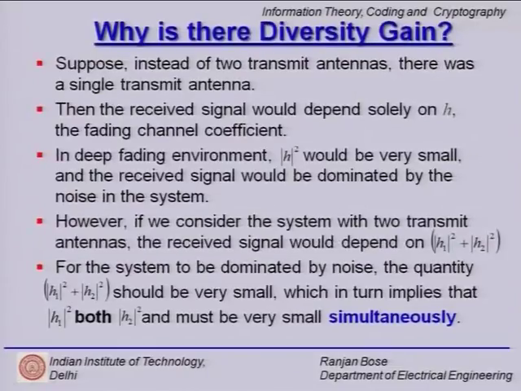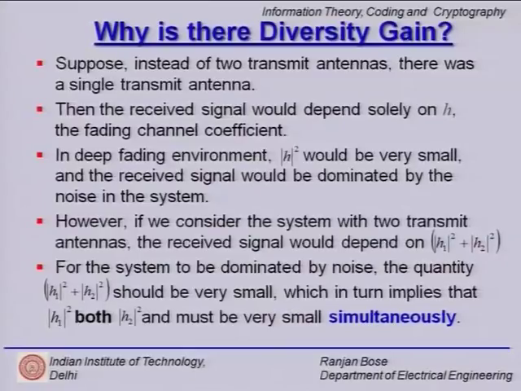Now, let us spend just 2 more minutes on why there is diversity gain intuitively. Mathematics we saw, slope of the curve we saw, simulation results we saw, but intuitively why are we getting it? What is the physical reason? Can we link this mathematics to a physical intuition?